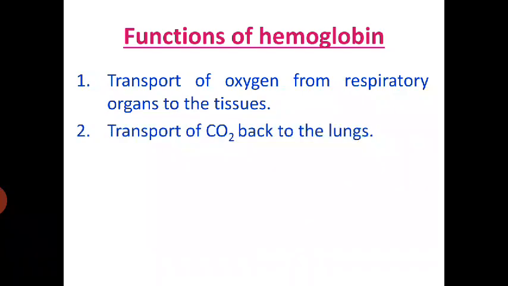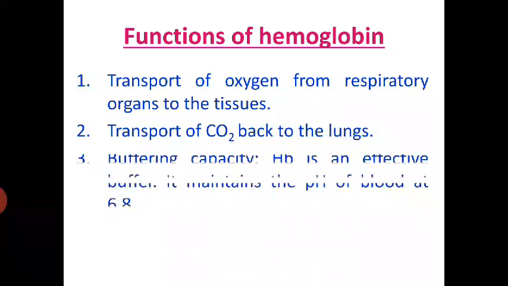Then the second one is another function which myoglobin does not have, that is transport of carbon dioxide back to lungs. But this function is mostly done by globins but not by the heme. So that means the protein chain carries carbon dioxide back to lungs.